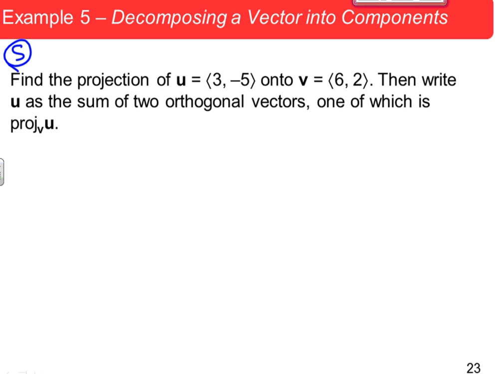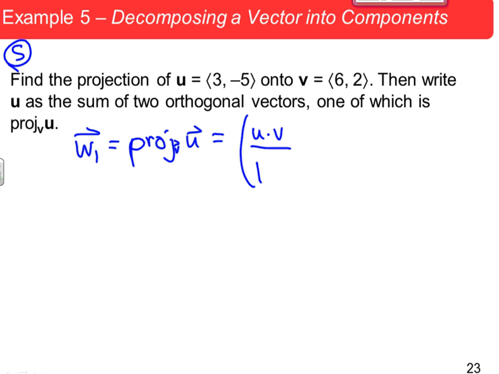So the first thing we want to do is find W1, which is the projection of U on V. We'll just write that formula, and to the side I'll find some of the things I'm going to need.